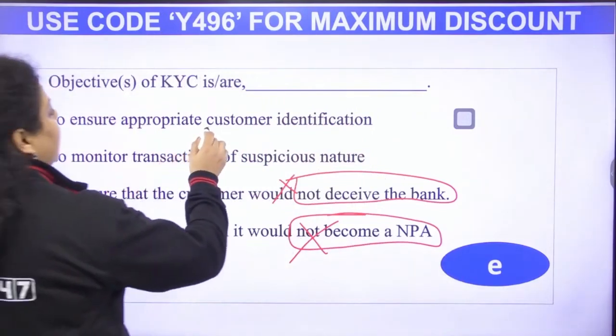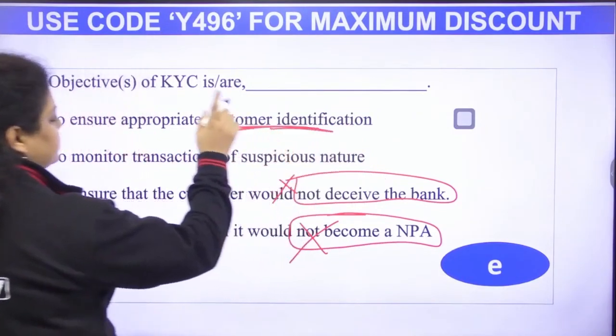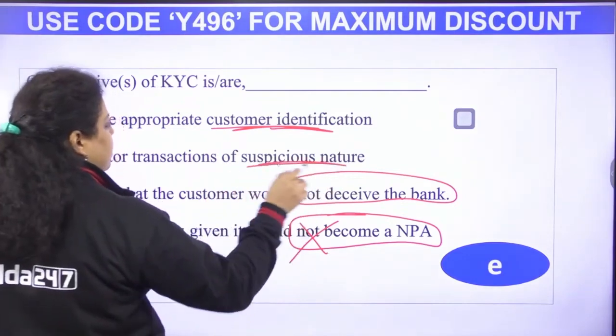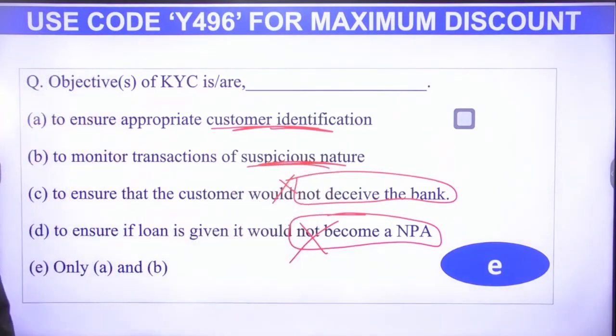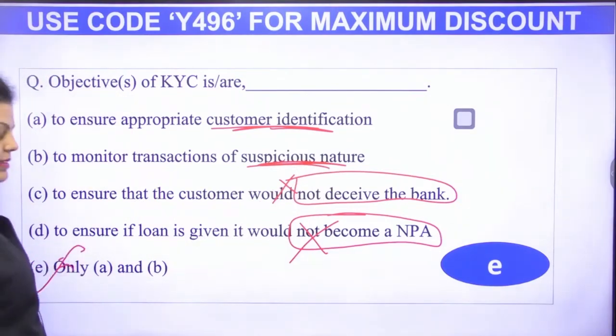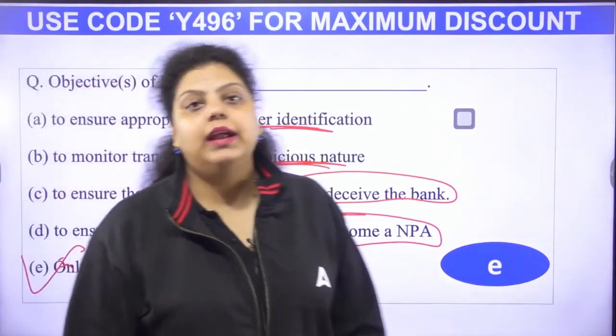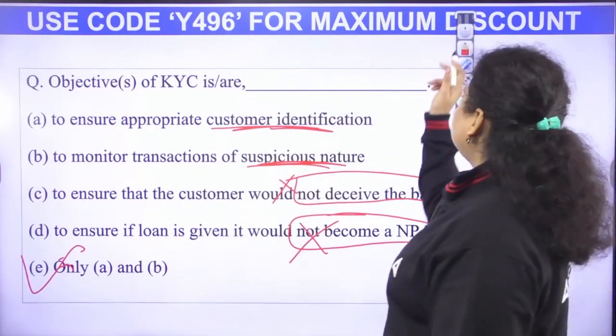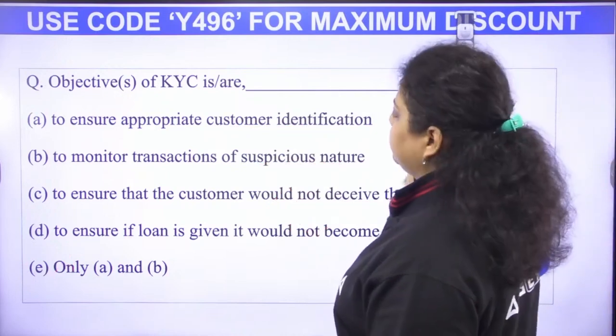So that you can have proper customer identification, the credit history, the creditworthiness of the customer, any fraud or default if the customer had something, and any kind of suspicious nature of transactions if the customer is doing them. To know these activities, you have to have a KYC. That's why the right answer will be only A and B. Okay, so that's the objective of KYC. Only A and B will be correct.